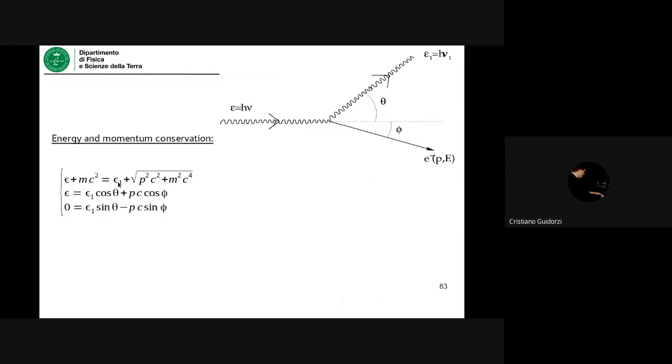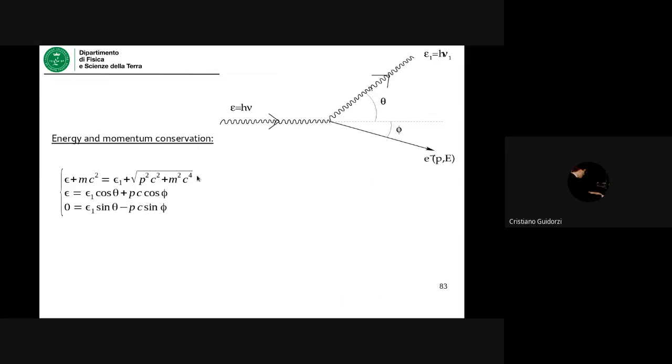The final energy is nothing but the final energy of the photon, which is epsilon1, plus, if we call p the final linear momentum of the electron, the total energy of the resulting electron, this square root here.